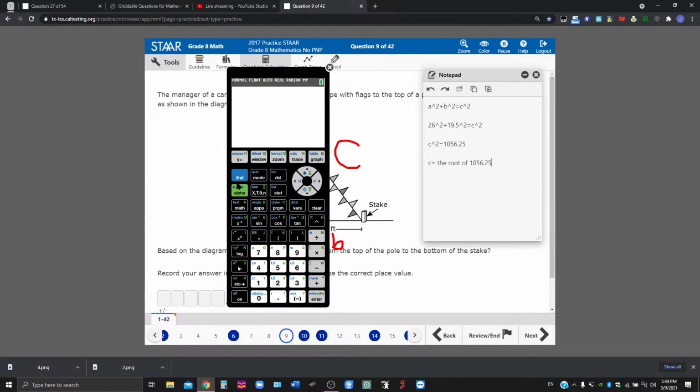So we press the second, and then we press this. We get the root. And let's do 1056.25, and that gave us 32.5. The C is 32.5, right?